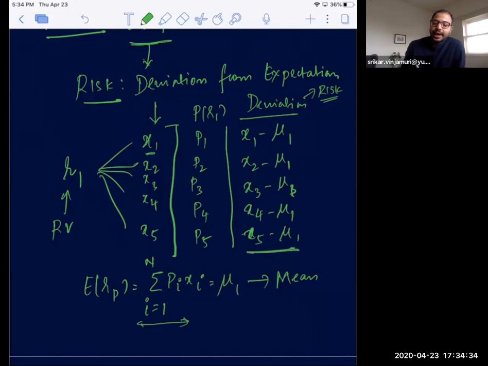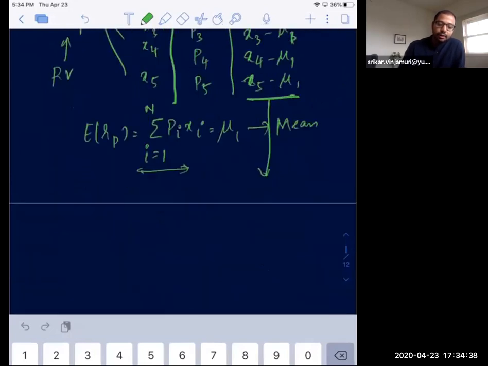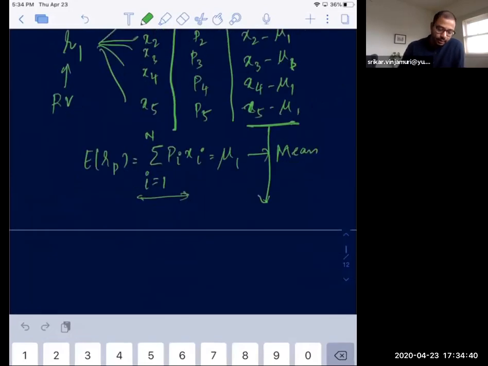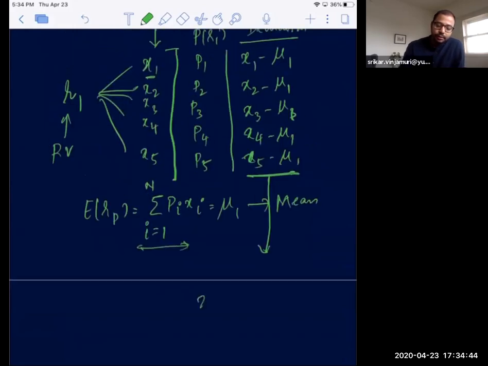Now, if I add up those things, you know what the problem is. We've seen this. So if I add up the column of deviation to get an aggregate value for the deviation, then it would be what? X1 minus mu1 plus X2 minus mu1 plus X3 minus mu1 plus X4 minus mu1 plus X5 minus mu1.